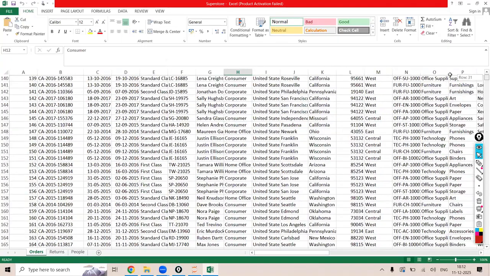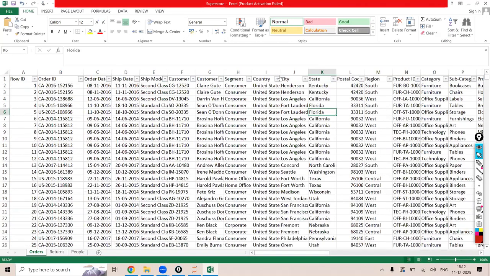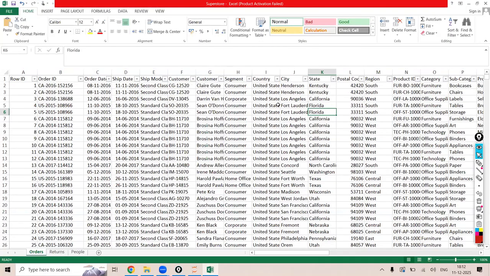In these columns, first we are going to observe the unique values. How do we observe the unique values? Once you click on, for example, segment, it shows you all the unique values. What are they? Consumer, corporate, home office. Only three will be there.